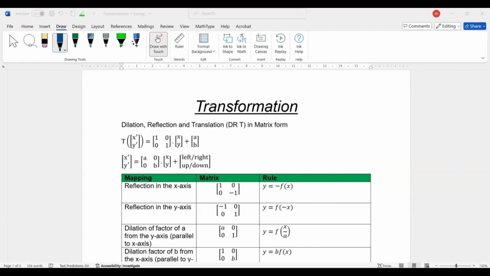Okay, transformation and dilation, reflection, and translation on different functions. Easy way, Dr. T. We look at it in a matrix format and without a matrix format. With a matrix format, this is how it will look, whereby on the diagonal, A and B are dilation and reflection, whereas this section is translation.